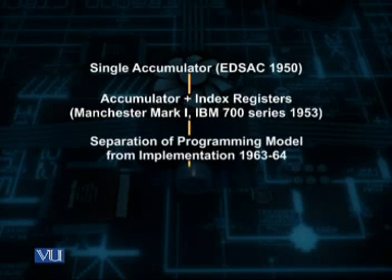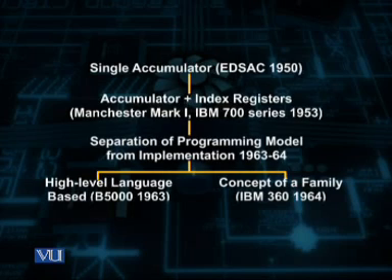Whereas in 1963 to 64, the separation of program models for the implementation was made, and in 1963, high-level language-based computer architectures were developed, whereas in 1964, the concept of a family of computers was introduced.